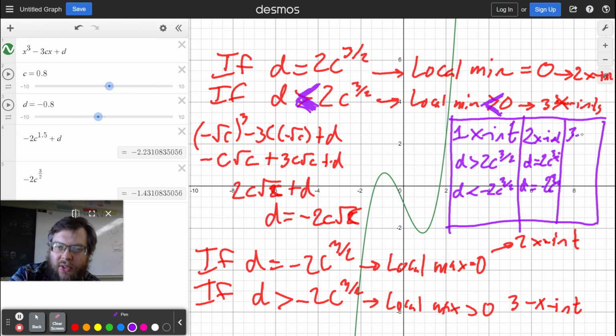And if there are 3 x-intercepts, I need it to be in between those 2 values. I didn't give myself enough space. So in between those 2 values, meaning that negative 2c to the 3 halves is less than d, and d is less than positive 2c to the 3 halves.